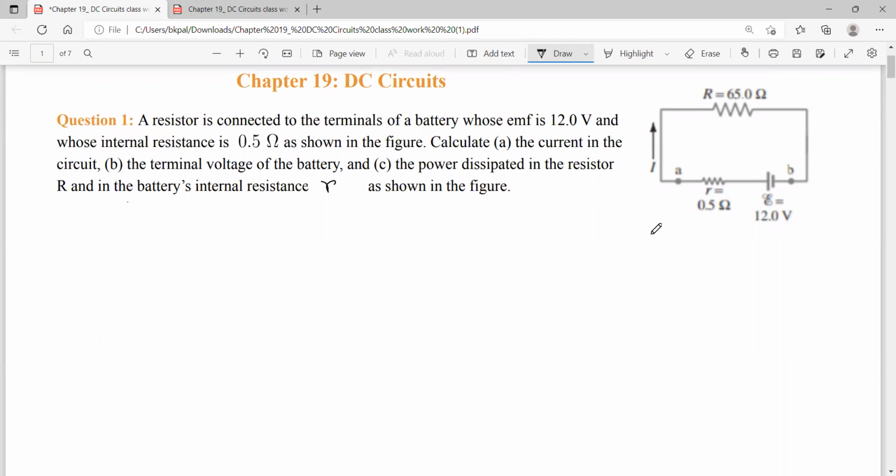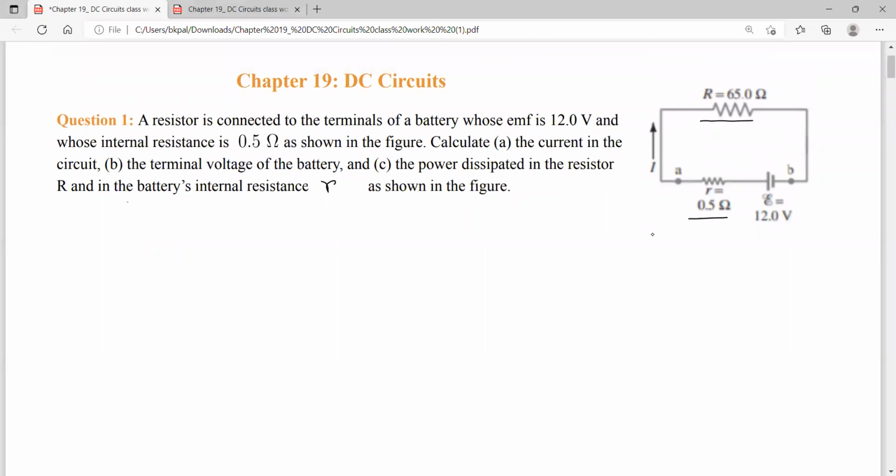So here we are given this circuit with a resistor with resistance R, internal resistance 0.5, and then the electromotive force of 12 volts.